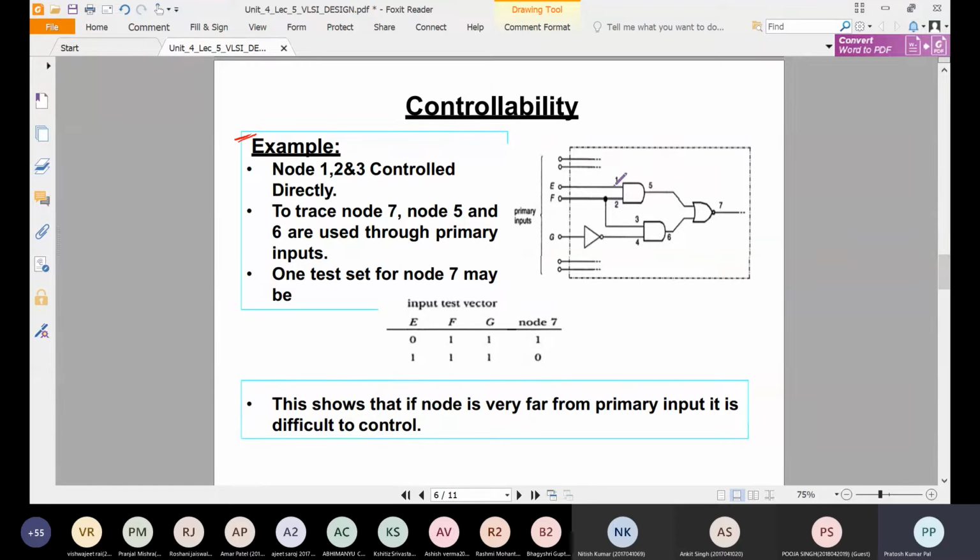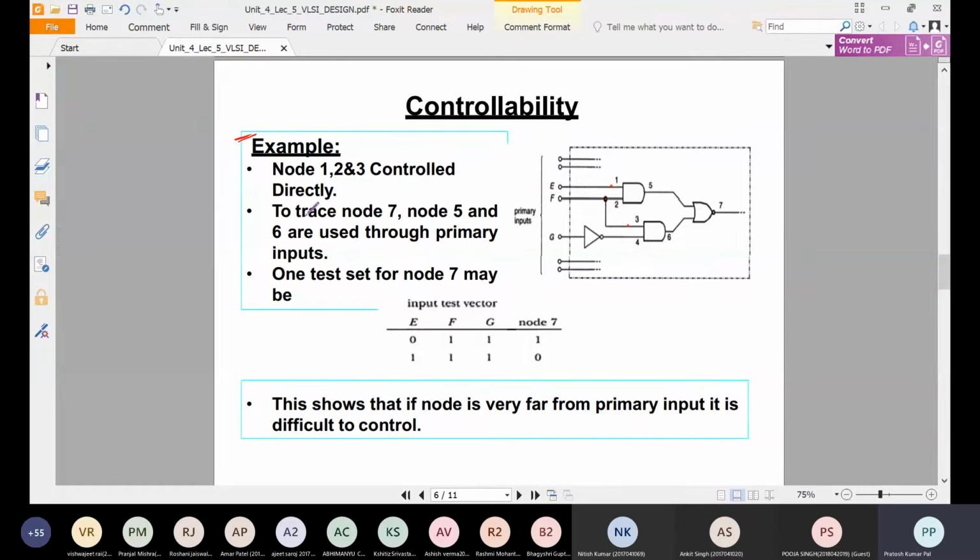This is node 1, this is node 2, and this is node 3. Nodes 1, 2, 3 are directly connected to the primary inputs. That means nodes 1, 2, 3 are controlled directly, so we can say nodes 1, 2, 3 are directly controllable.